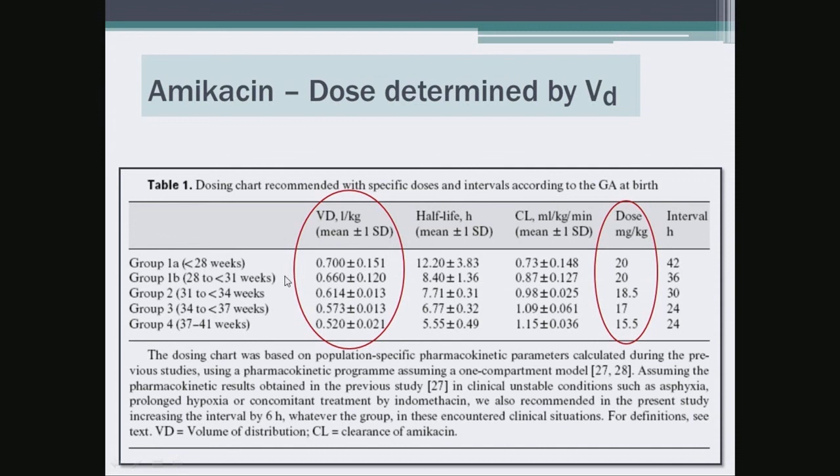So here at less than 28 weeks, it's 0.7 liters per kilo. At term, it's down to 0.52 liters per kilo. Therefore, the dose needed to reach the same peak concentration is proportionally larger in the smaller babies. So with this volume of distribution, you would need 20 milligrams per kilogram. For this volume of distribution, you would only need 15 or so.